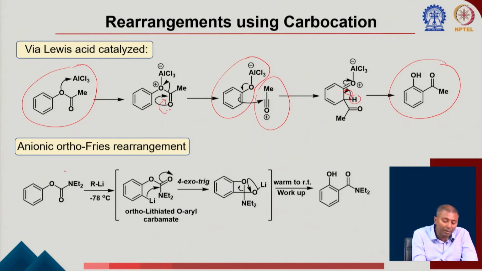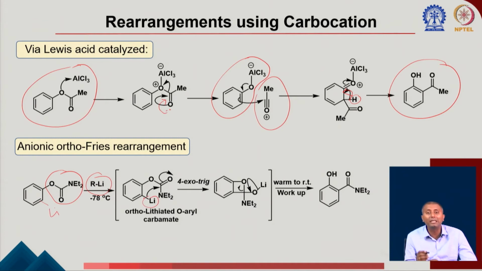Okay. So this is about the Fries rearrangement, and in the case of anionic Fries rearrangement, what is happening? We have this type of carbamate group which acts as a directing group if you use an organolithium reagent. So it will form a corresponding lithium here, which you are seeing, and once it forms the lithium, the lithium is very reactive. So it can go for an intramolecular attack to this amide, and it forms this type of four-membered ring here.